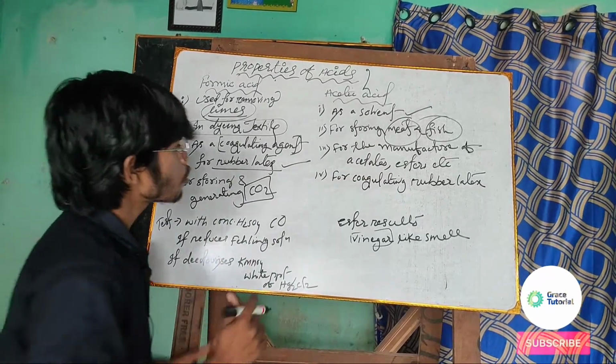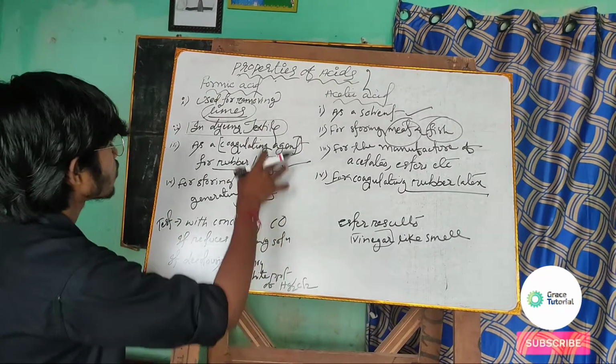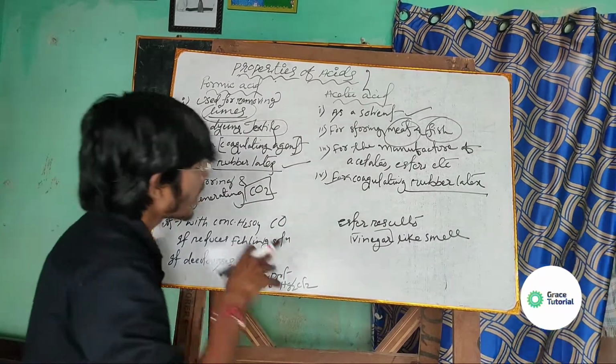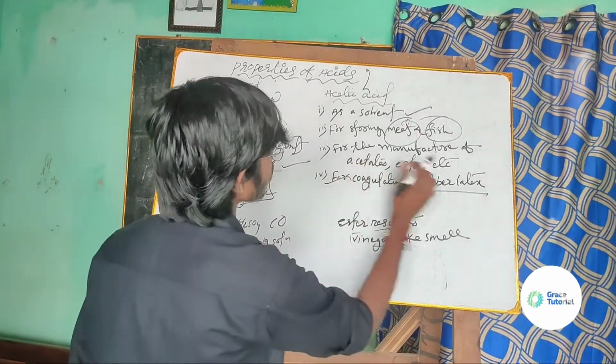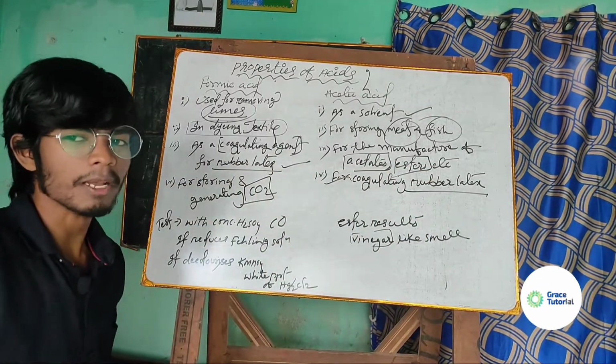It is also used for coagulating rubber latex, a characteristic shared with formic acid. And acetic acid is also used for the manufacture of acetates, esters, and various other products.